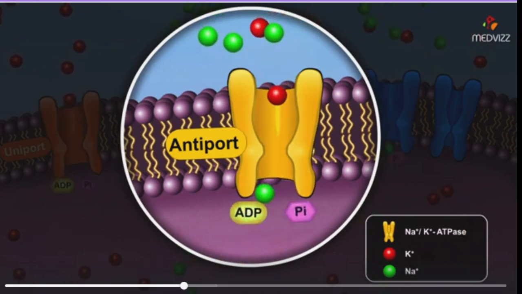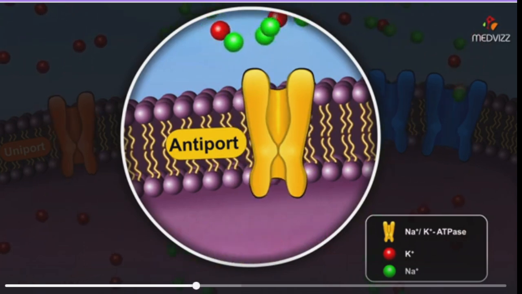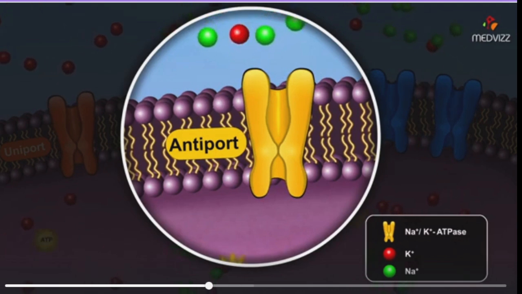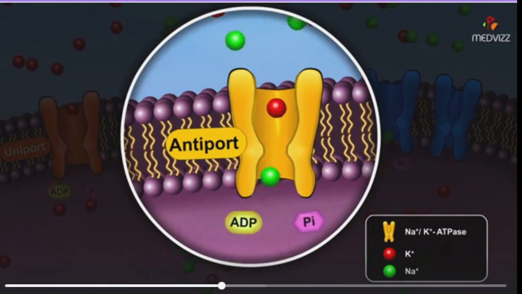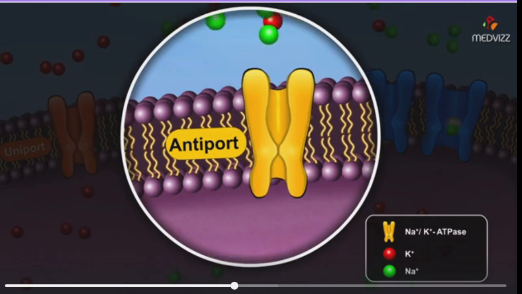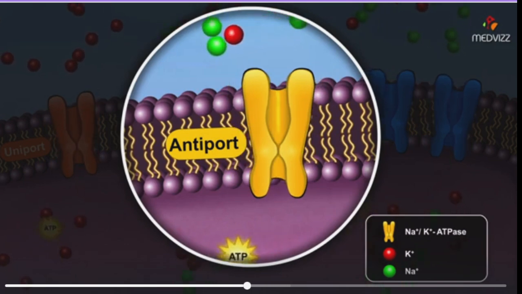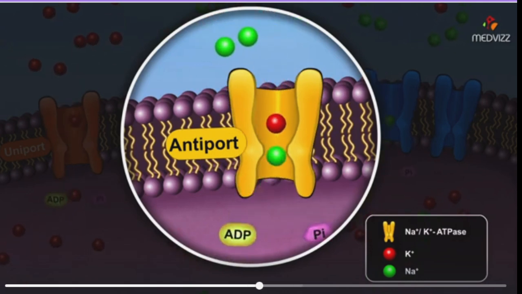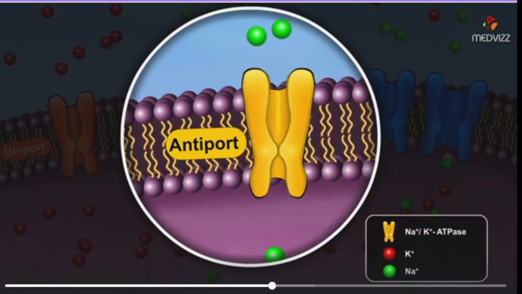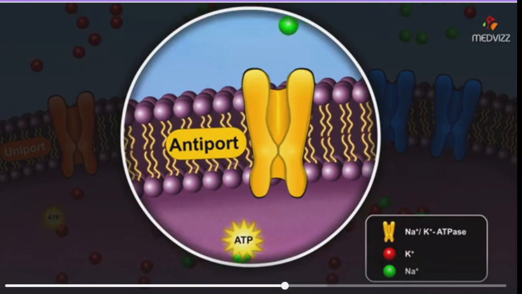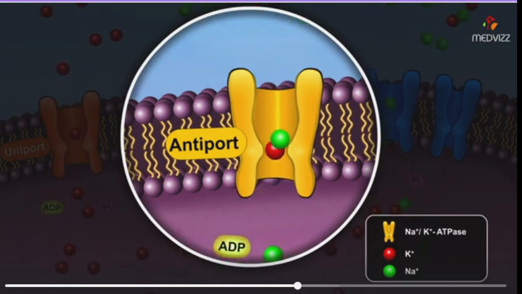These proteins are also ATPases, using ATP to drive the transport. An example of an antiport protein channel is a sodium-potassium gated channel that maintains the electrochemical gradient of cells, which is responsible for maintaining a voltage difference between the outside and the inside of the cell.